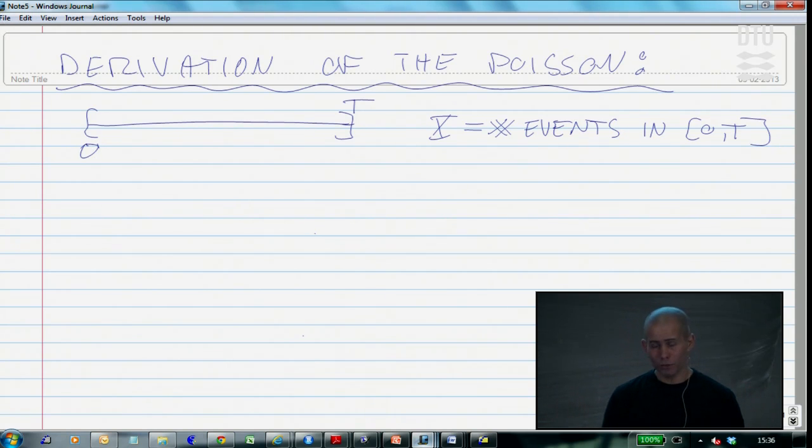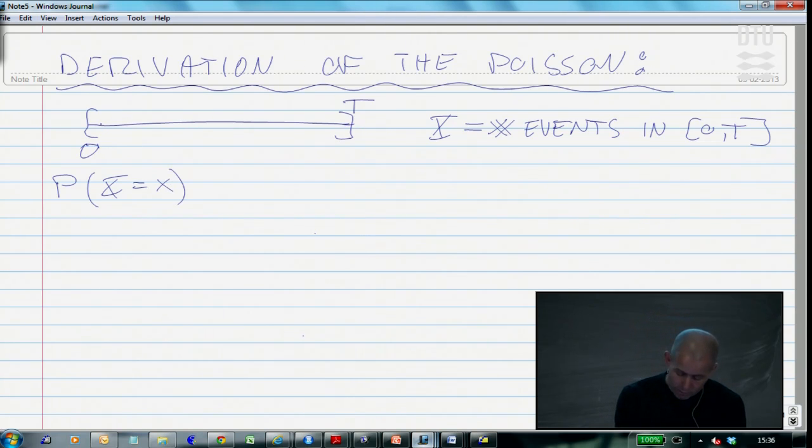Now, a way to sort of prove this, at least to some extent, is the following. We would like to find the probability distribution of this one. What is the chance that we get exactly x? And we want to show that this is the Poisson.